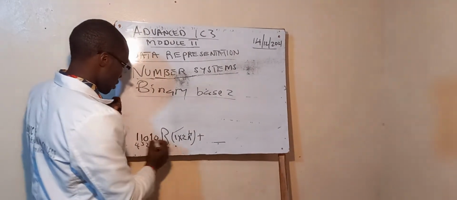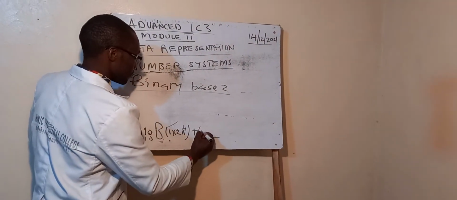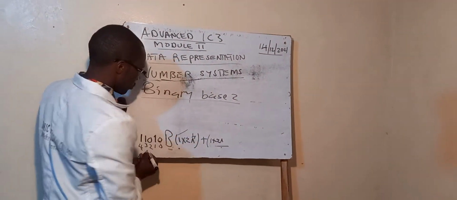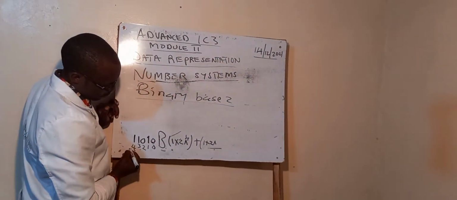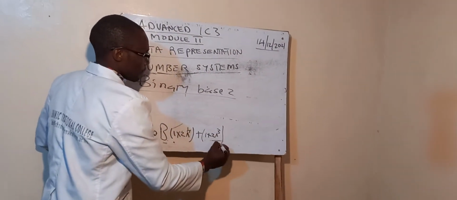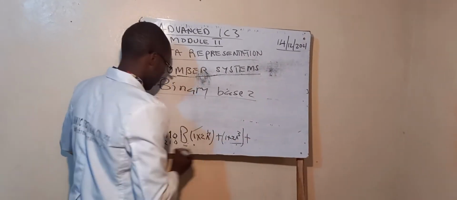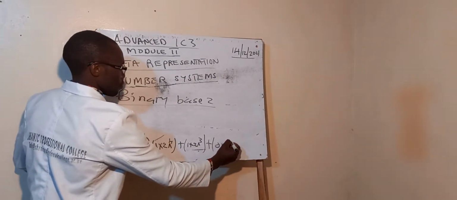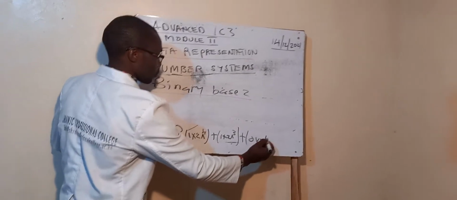You proceed. This is 1 times the base powered by the positional notation. We are done from 4 and we are at 3. Now powered by 3 in brackets, and add 0 times 2 powered by the positional notation.